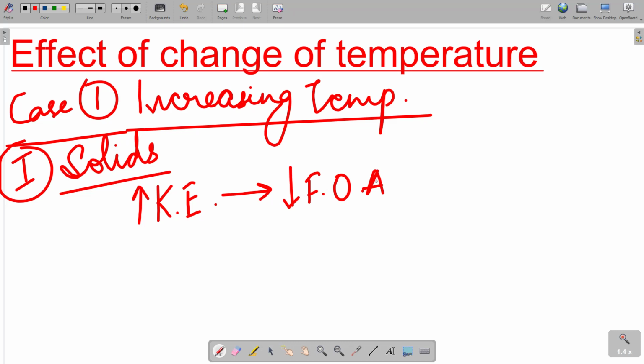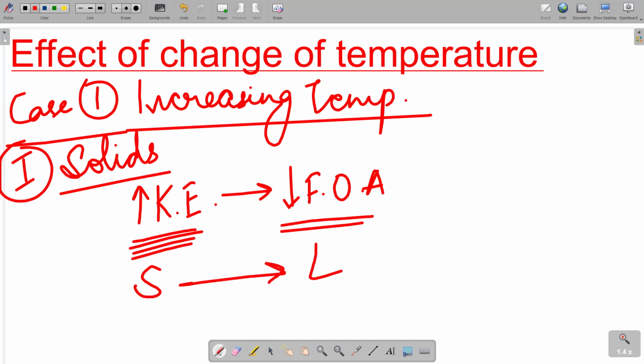And ultimately, when there is a lot of temperature, the kinetic energy keeps on increasing, and there comes a point when the force of attraction between the particles is almost broken, which converts the solid into liquid form.